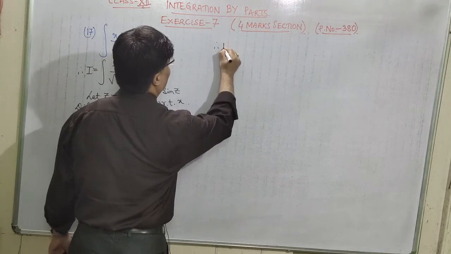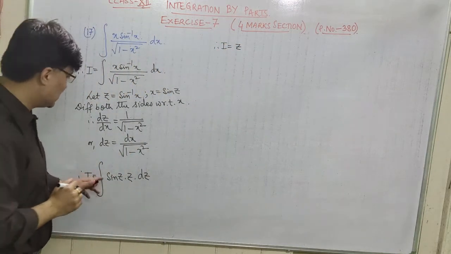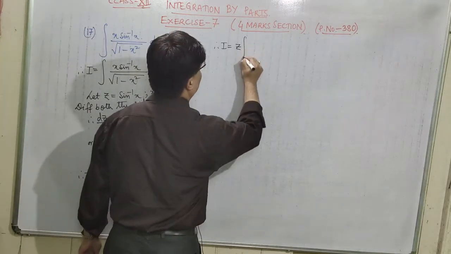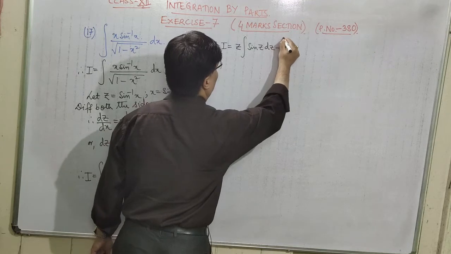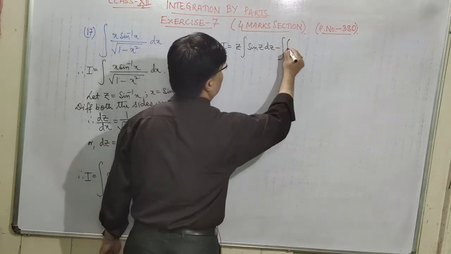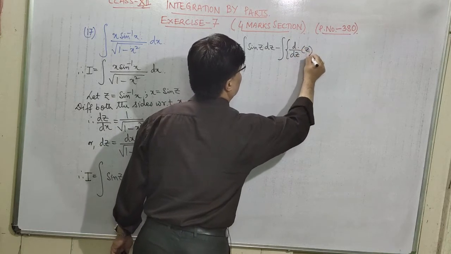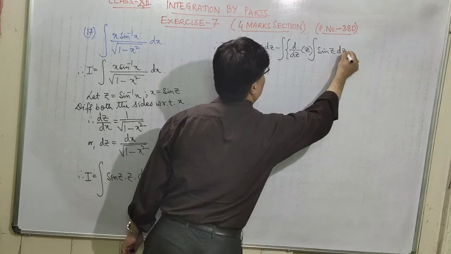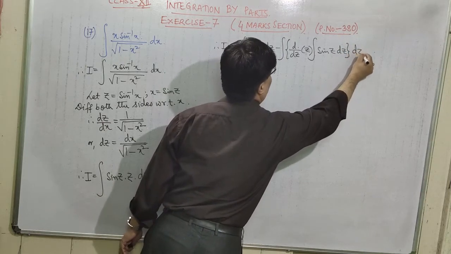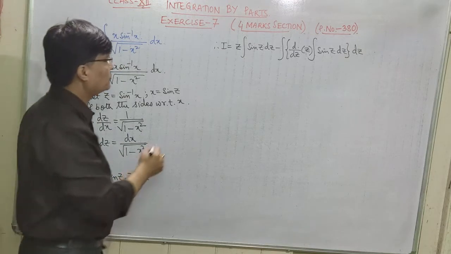Therefore I is equal to z, the first function, times integral of sine z dz, minus integration of the derivative of z, times integral of sine z dz, dz. Is that clear?